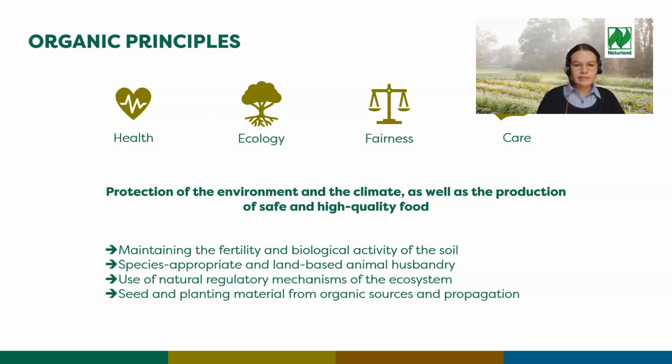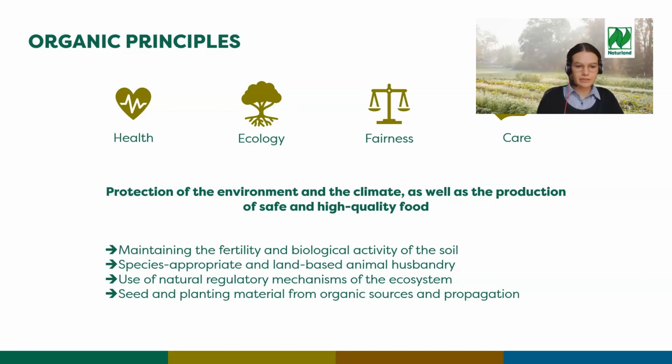And there are some basic rules and principles set by the organic regulation. So for example, the maintaining of soil fertility and biological activity of the soil, but also species appropriate and land-based animal husbandry, the use of natural regulatory mechanisms of the ecosystems, and to use seed and planting material from organic origin.